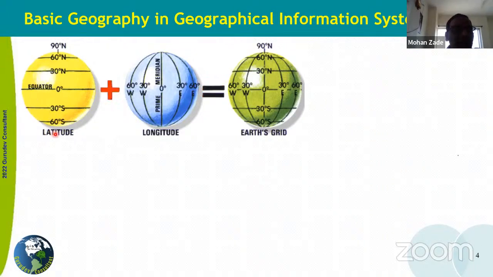So latitude is always the x-axis, and in your basic schools you might have learned about the equator. That is where it starts with 0, and then if you go up, it is the north pole, and if you go down from the equator, it is the south. So these horizontal lines are called the latitude.